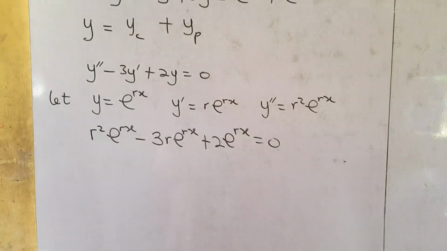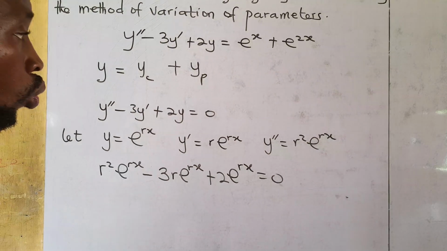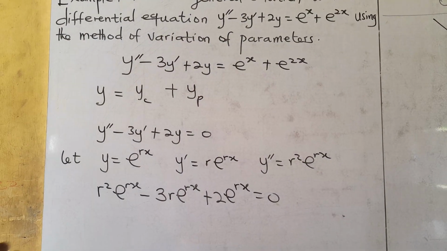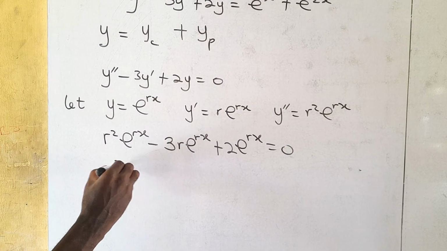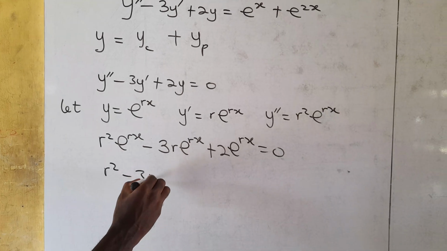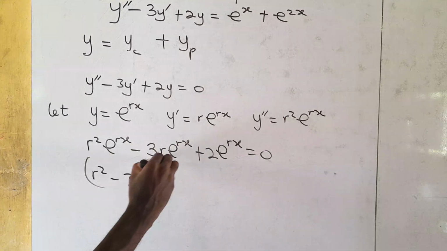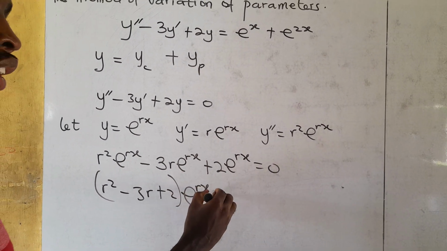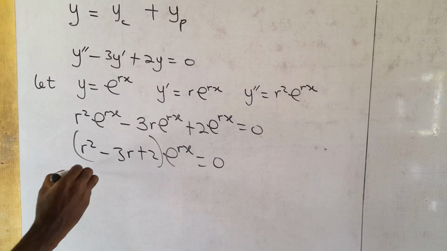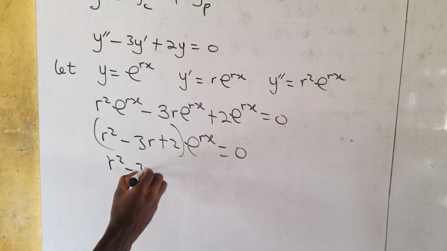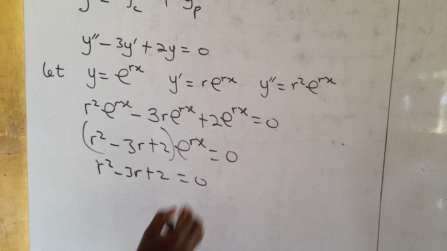Please check out my videos on how to find solutions to homogeneous higher order ordinary differential equations. So now e^(rx) is common to them, we bring it out. So we have (r^2 - 3r + 2) e^(rx) equal to 0. On dividing both sides by e^(rx), we have r^2 - 3r + 2 being equal to 0.